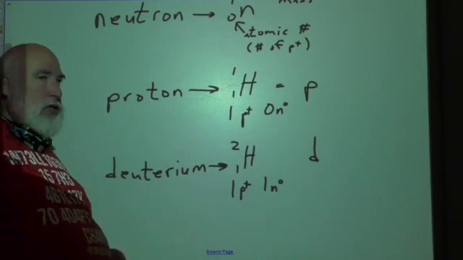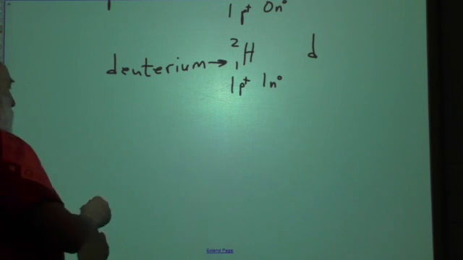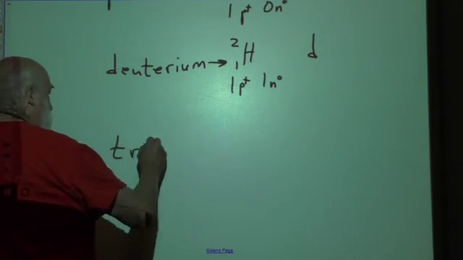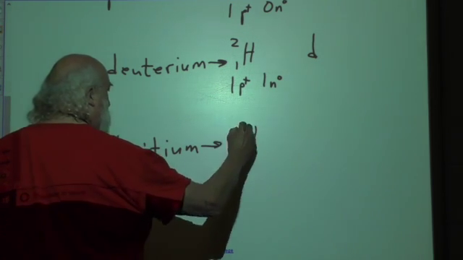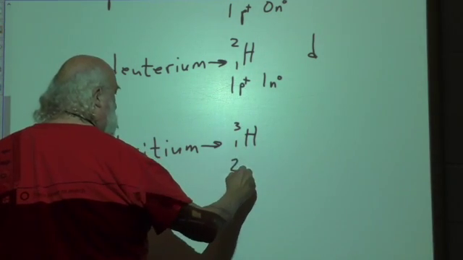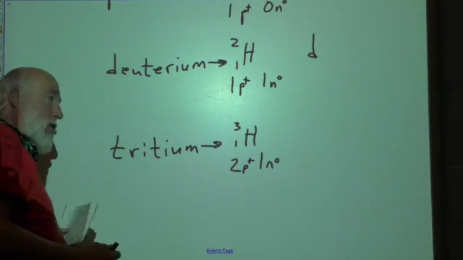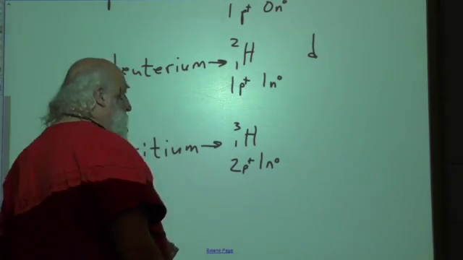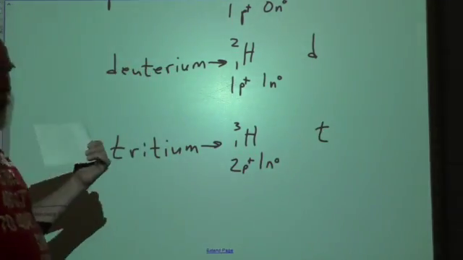We use this in the equation, and we'll explain why in just a little bit. And then the last one is tritium, which is the name for hydrogen-3, which of course means it has 1 proton and 2 neutrons within the nucleus, and the symbol for that is T. Clever symbol.